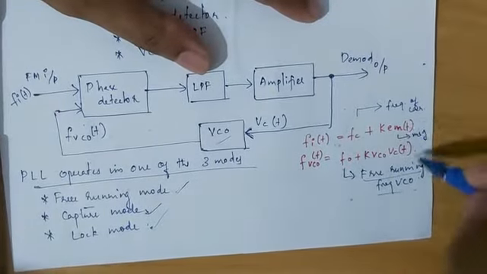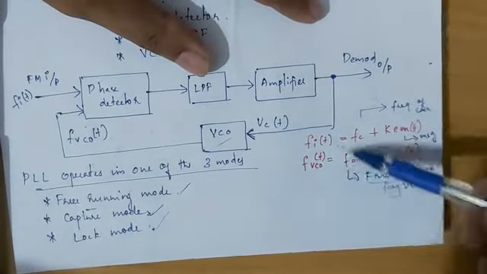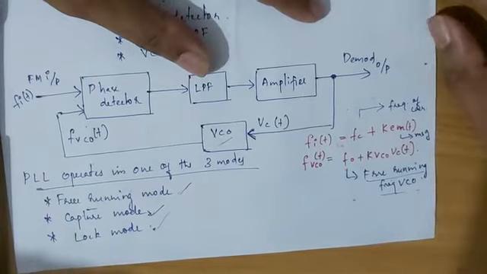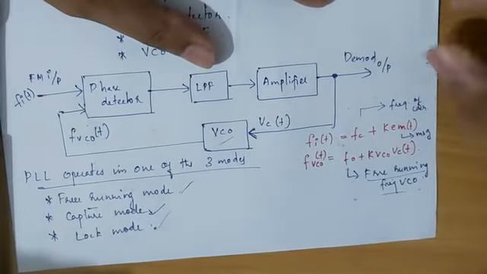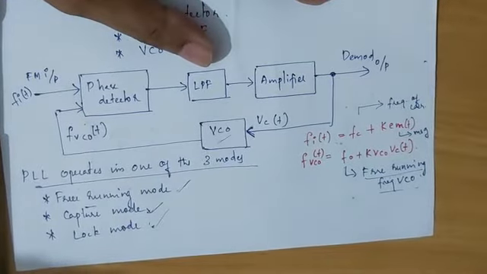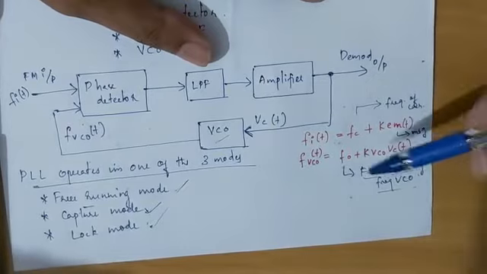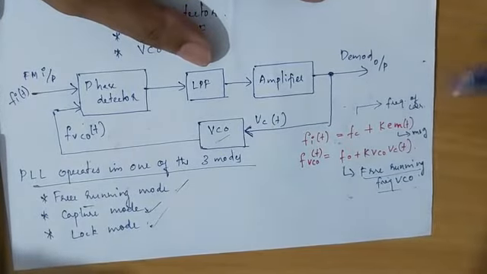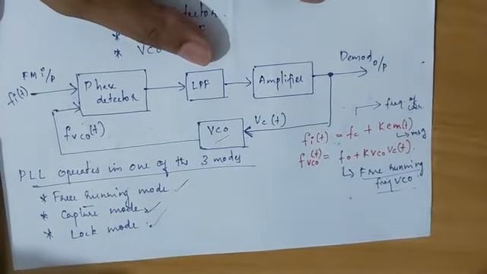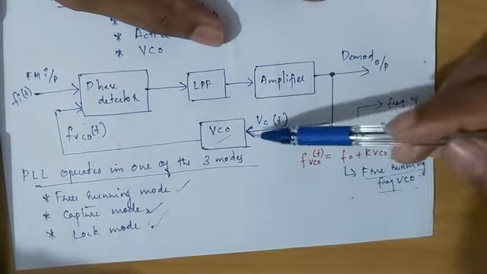So this control voltage will change the free running frequency of the voltage controlled oscillator up or down. That means we will get a frequency less than F0, or a frequency greater than F0, depending upon the voltage given to the input of the VCO.